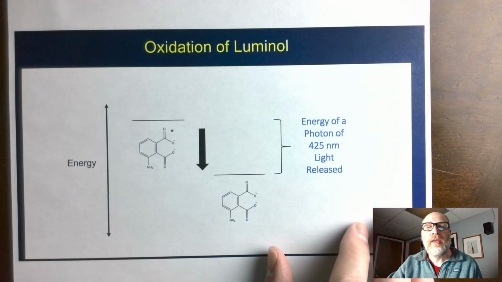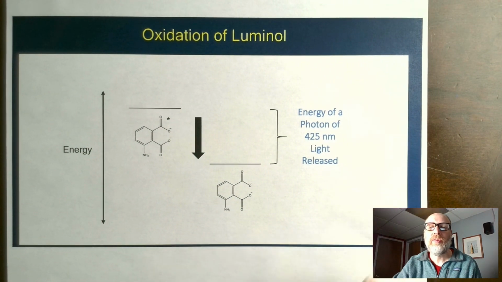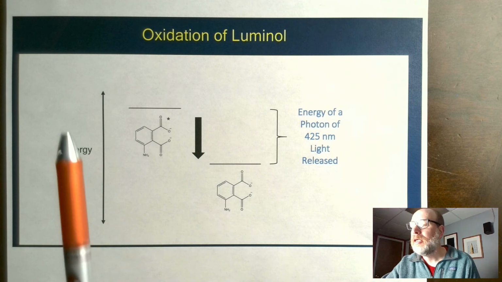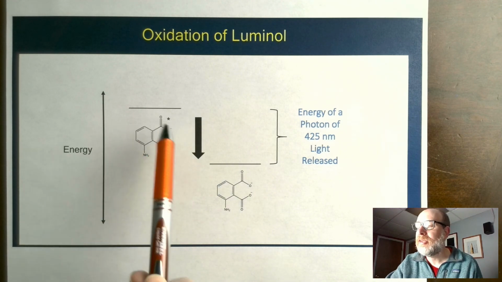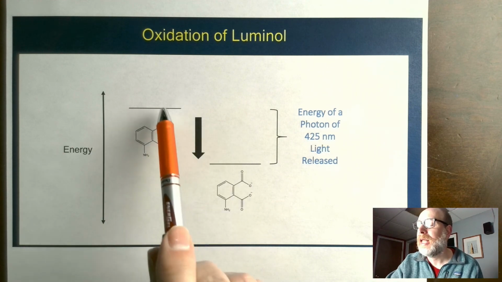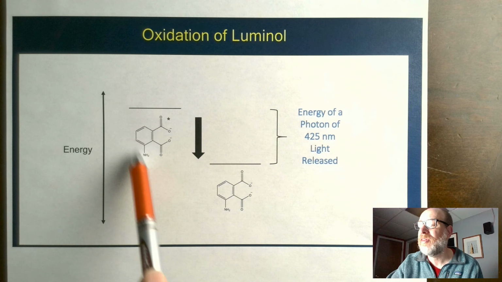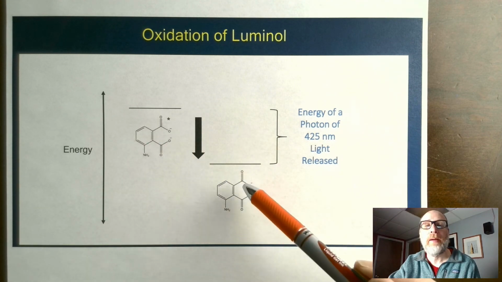And the key for what we have talked about, and remember this goes back to our idea of energy, is that when we produce that excited state, oxidized luminol species, it's got electrons in a higher energy level. So that compound has higher energy than the ground state version of that molecule.